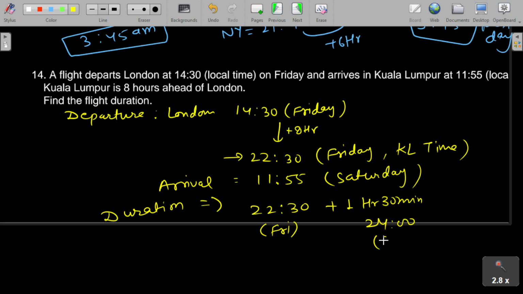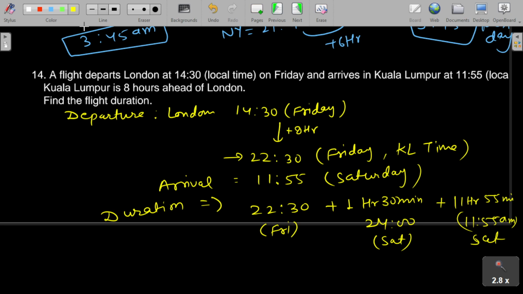Okay, this is Saturday midnight. And if I add 11 hours and 55 minutes, then I will get 11:55 a.m. Okay, this is also Saturday.